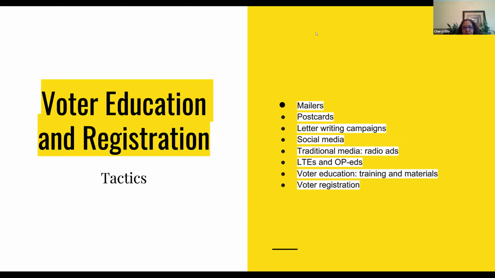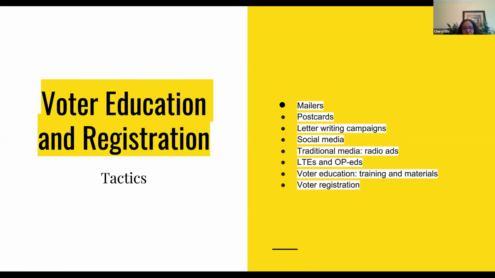So some ways that we could do voter education in addition to providing the registration, we can use mailers, postcards. I know many of you have been working with Democracy North Carolina, writing postcards to the over 270,000 African-American voters in North Carolina that were purged.